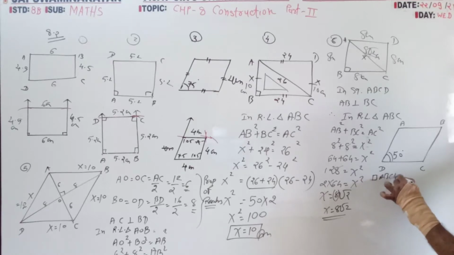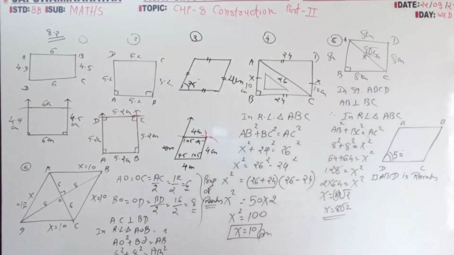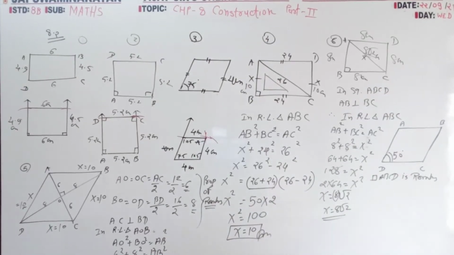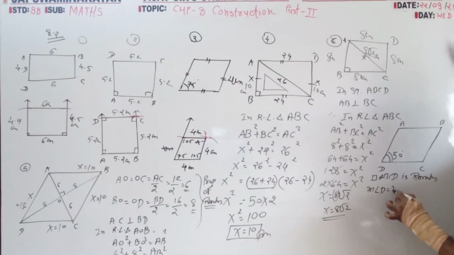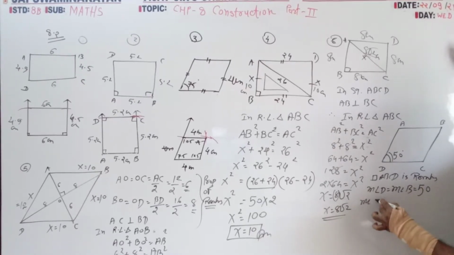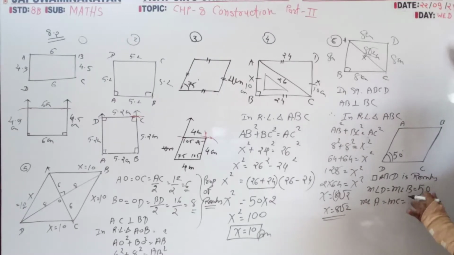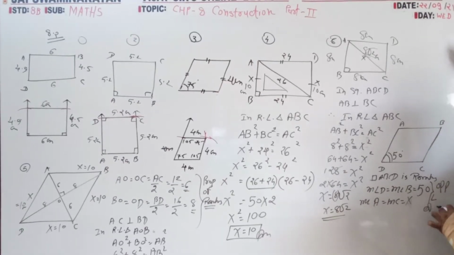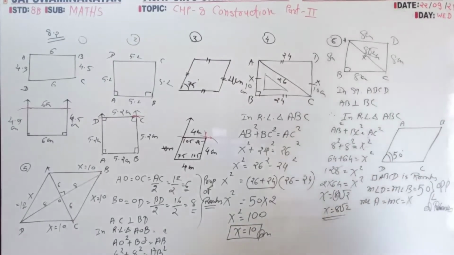Quadrilateral ABCD is a rhombus. Measure of angle D is equal to measure of angle B, it is 50. Measure of angle A is equal to measure of angle C, it is x. What is the reason? Opposite angles of a rhombus.